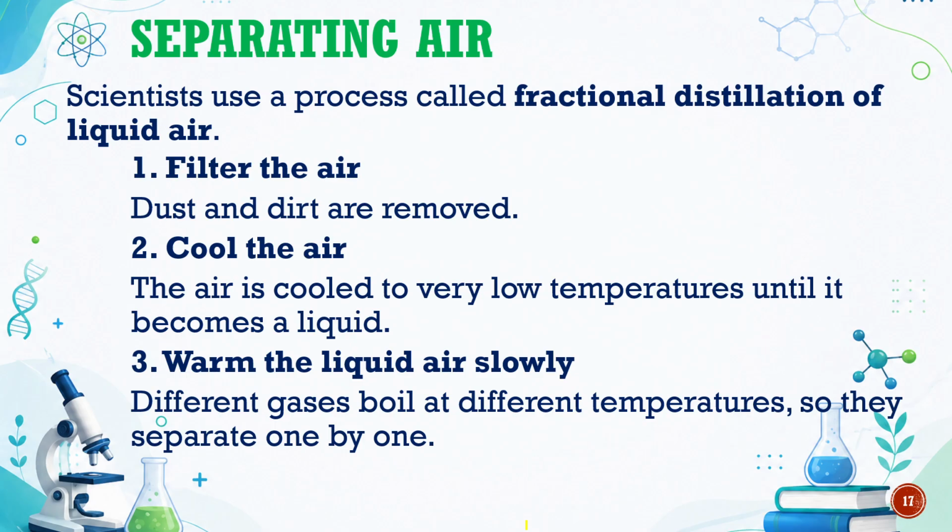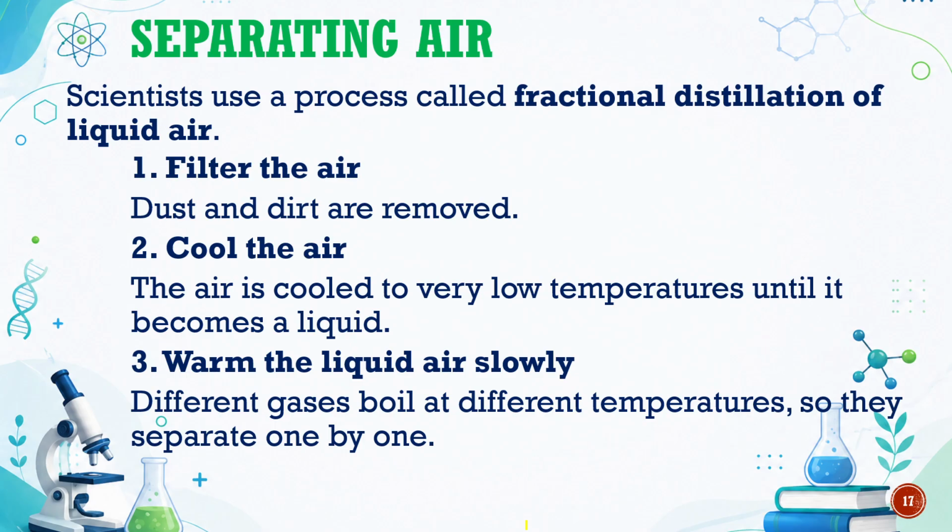Nitrogen has the lowest boiling point, then argon, and oxygen has a higher boiling point than argon, right? So first nitrogen goes off when we start boiling the liquid air. Nitrogen goes off, then argon goes off at its given temperature, and then once the temperature rises a little more and we boil the liquid air a little more, oxygen goes off, right?